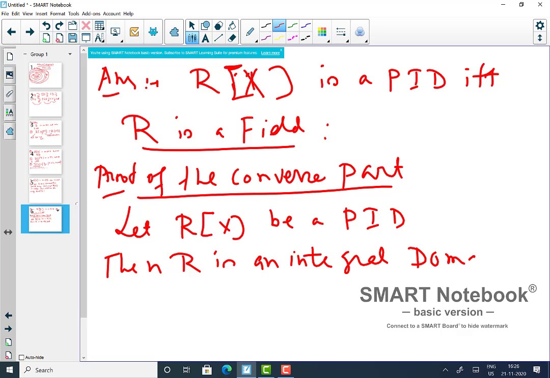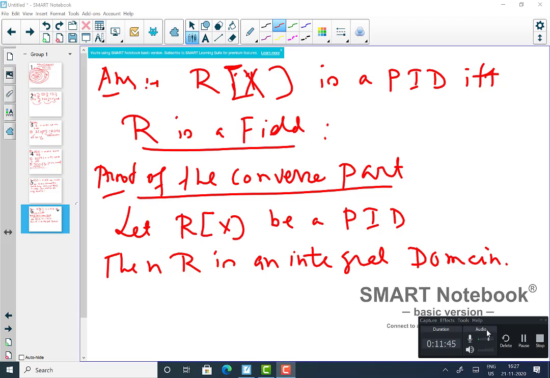So R is a commutative ring with identity without zero divisors. That is the meaning of integral domain. Once you have the integral domain property, you can say many things.